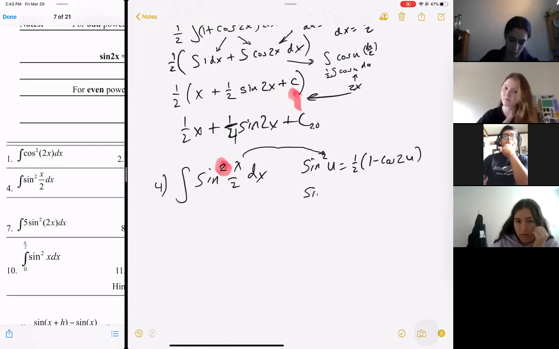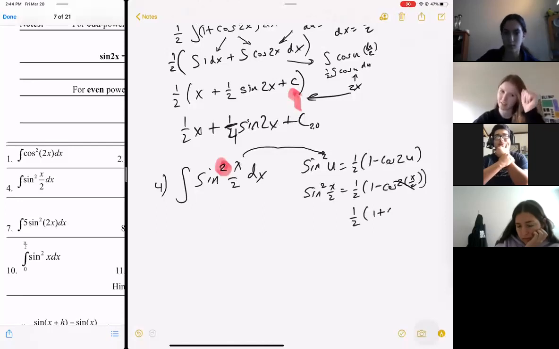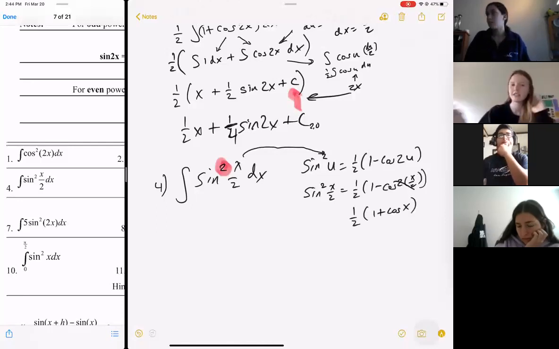So sine squared of x over 2 is equal to 1/2 times (1 minus cosine of 2 times x over 2). Lucky for us, those 2's divide out, so it'll be 1/2 times (1 minus cosine of x), which I hope is easier.